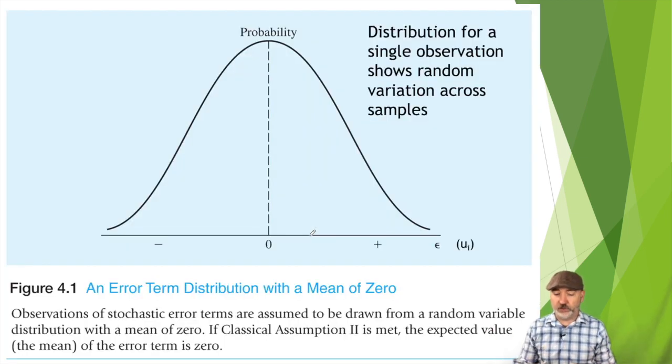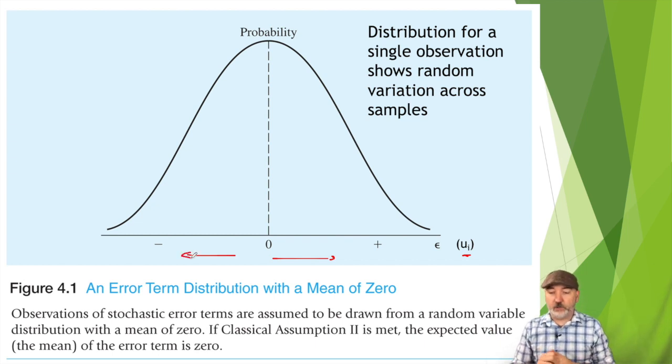So the picture would simply be this, where our error term for each observation, call it u sub i, varies across samples. Think of an example: if we're trying to track daily consumption values, you wake up in the morning and there is some predicted level of consumption, but today you spend a little bit more because you were hungry at lunch, so you bought a little bit extra, so you had a positive error.